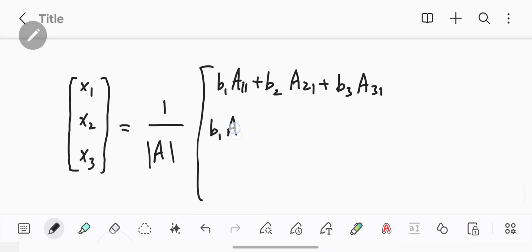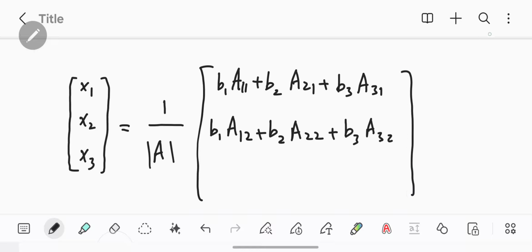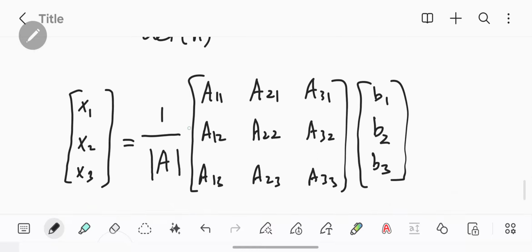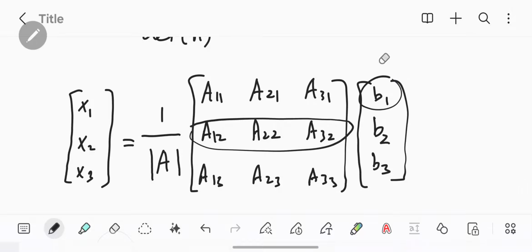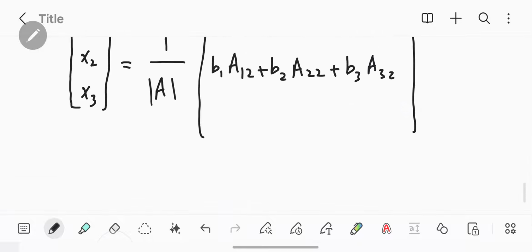B1 A12, B2 A22, B3 A32. Okay, how? Look, B1 A12 plus B2 A22 plus B3 A32.